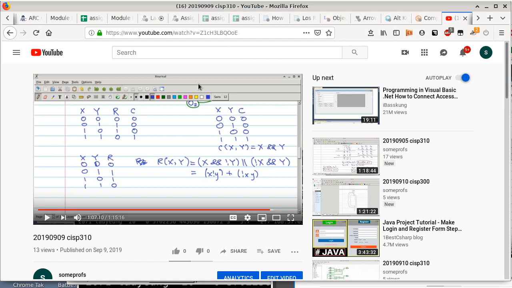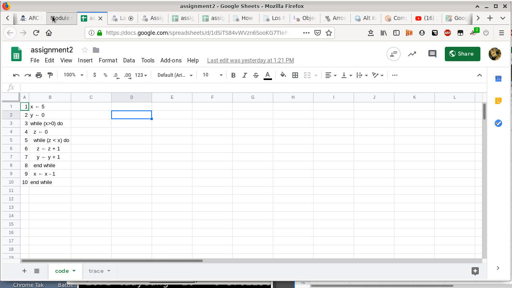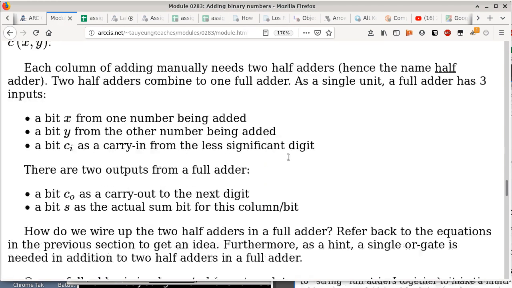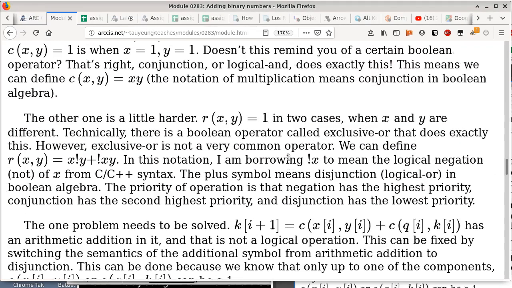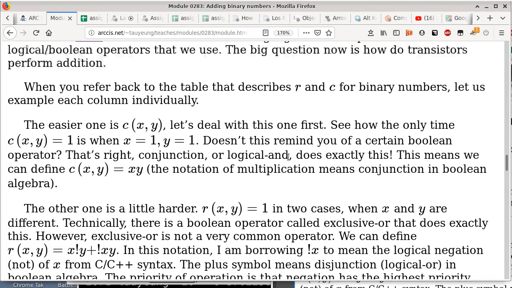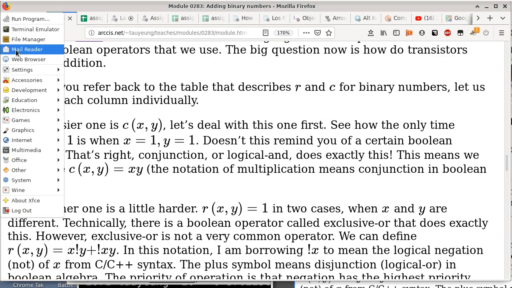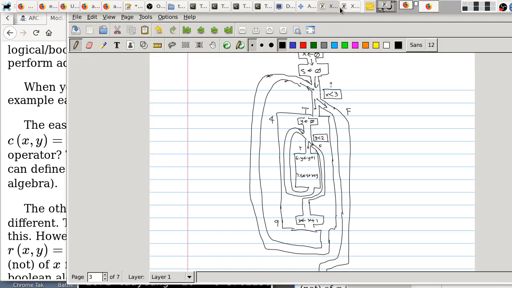All right, so let's go back to the notes because I do want to make sure that we know how to make a full adder out of this. So we go back to the notes a little bit and okay, let's look at the Zerno stuff. Not that.